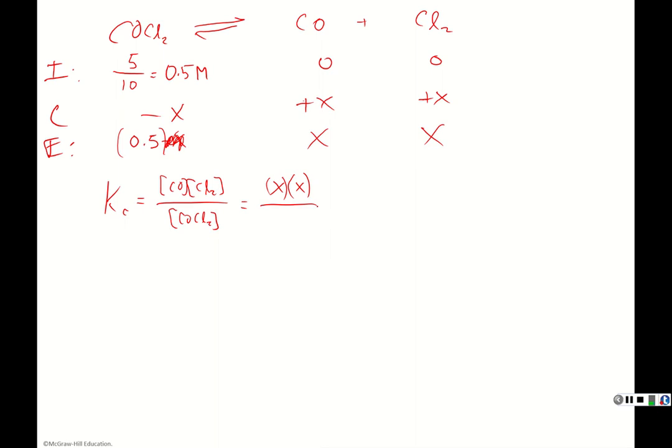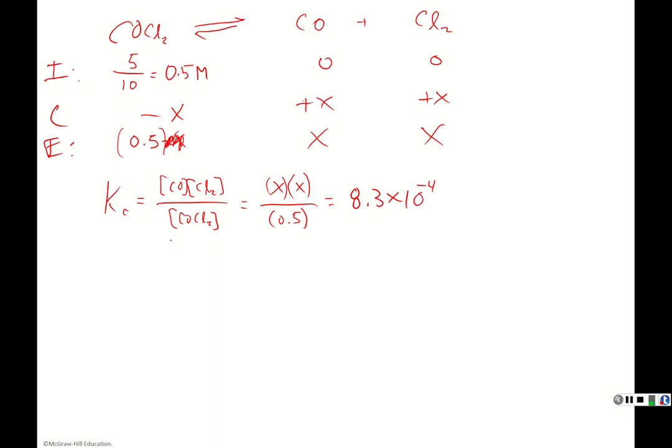So those are X's, and our phosgene concentration is 0.5, so that's what we started with. We're assuming that we don't lose that much of it, so this is going to be a good estimate.